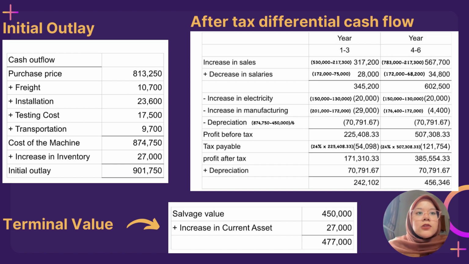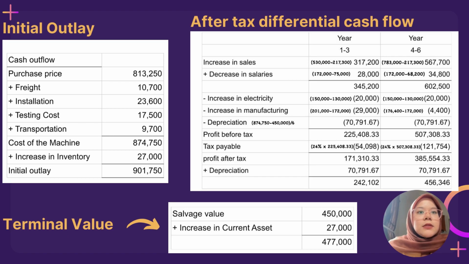For year 1 until year 3 we minus with 70,791.67, and for year 4 until year 6 we minus with 70,791.67. So the profit before tax for year 1 until year 3 is 225,408.33, and profit before tax for year 4 until year 6 is 507,308.33. So the tax payable is 24%.